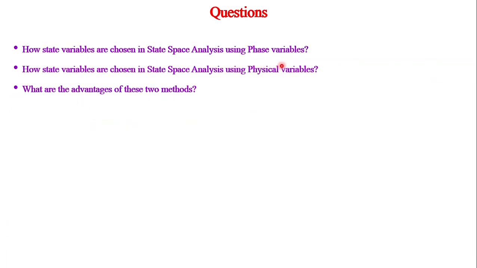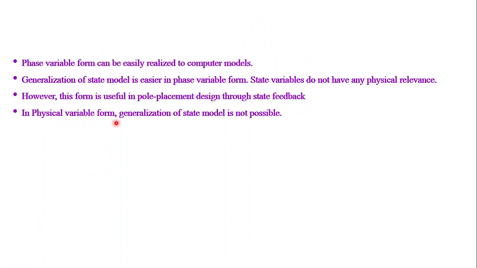What is the advantage of state space analysis using phase variables? Then what are the advantages of physical variables? So how are they chosen? First of all, in physical variables we choose the variables in such a way that they correspond to the energy storing elements. We choose as many state variables as the number of energy storing elements.